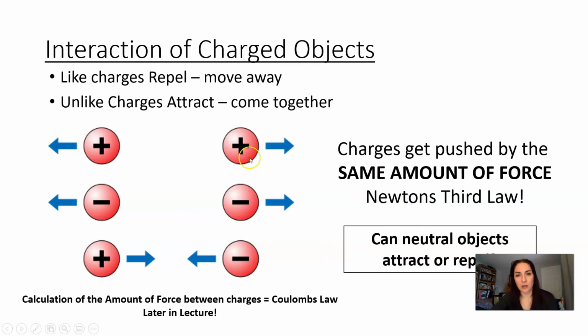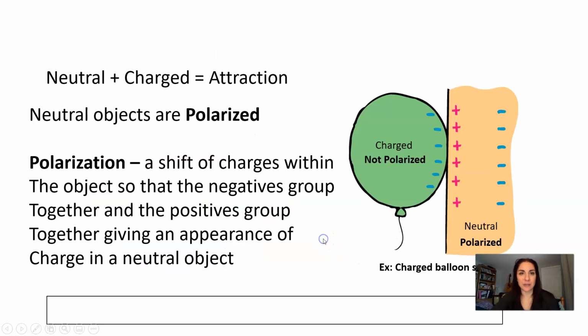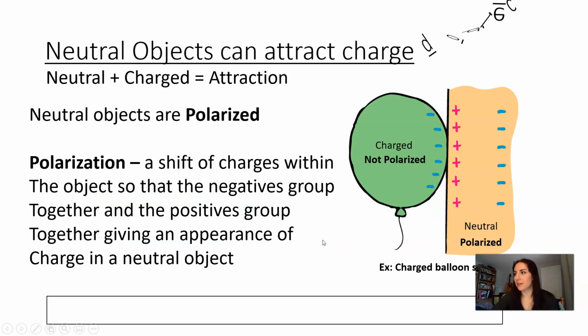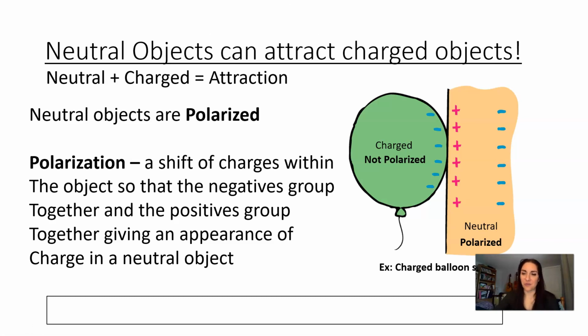So the question is, these are already charged objects, but can neutral objects attract and repel? Well, it turns out that they can attract. It's really sad that I literally have nothing to do these demonstrations with. But I'll kind of draw it anyway.